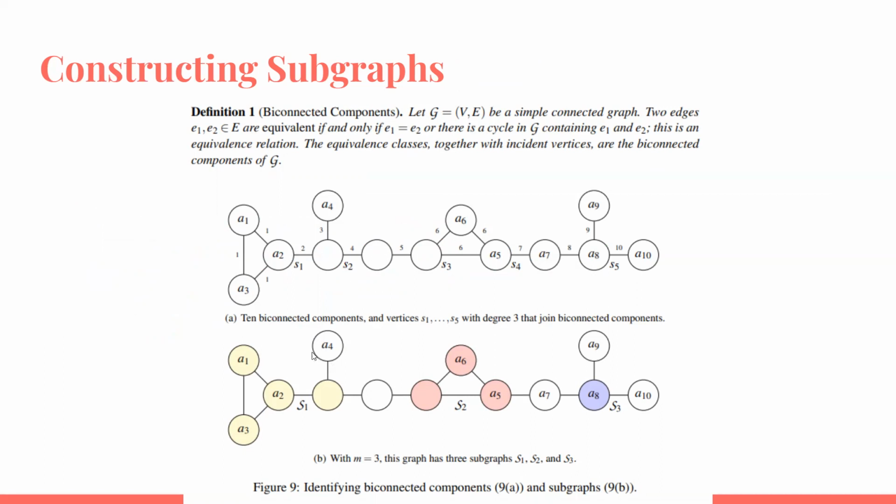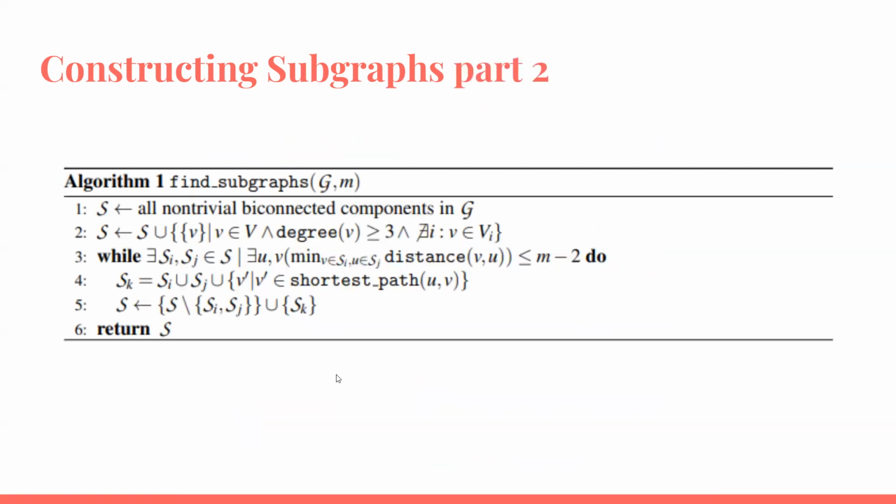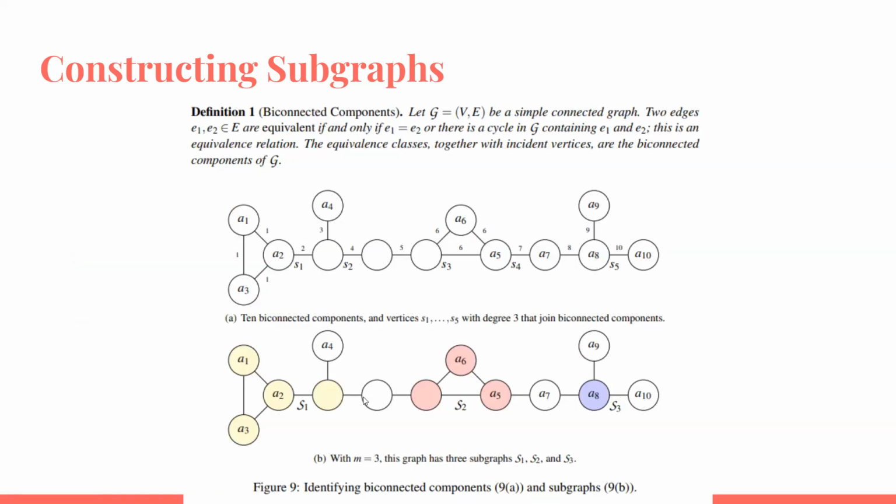But this vertex here would be assigned to S1 because its distance is less than or equal to the number of empty vertices minus 2. So it is within range to be part of S1. It's important to note that the components are connected by isthmus. Like I said earlier, that word is kind of weird, but they're all connected by these little portions of the graph here.